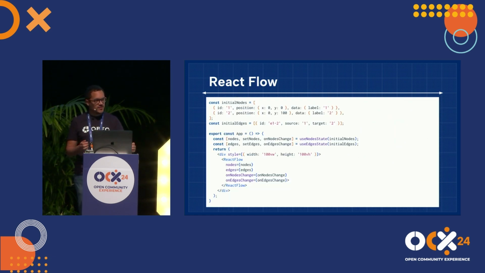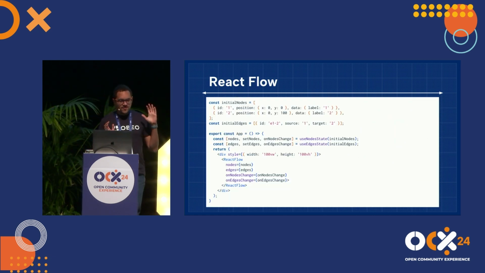So how does it work? Here's a very basic example with React Flow. Here we have a couple of static nodes, so 2 nodes, 1 and 2, and one edge from 1 to 2. And then a React component which sets up 2 states, the state of the nodes and the state of the edges.